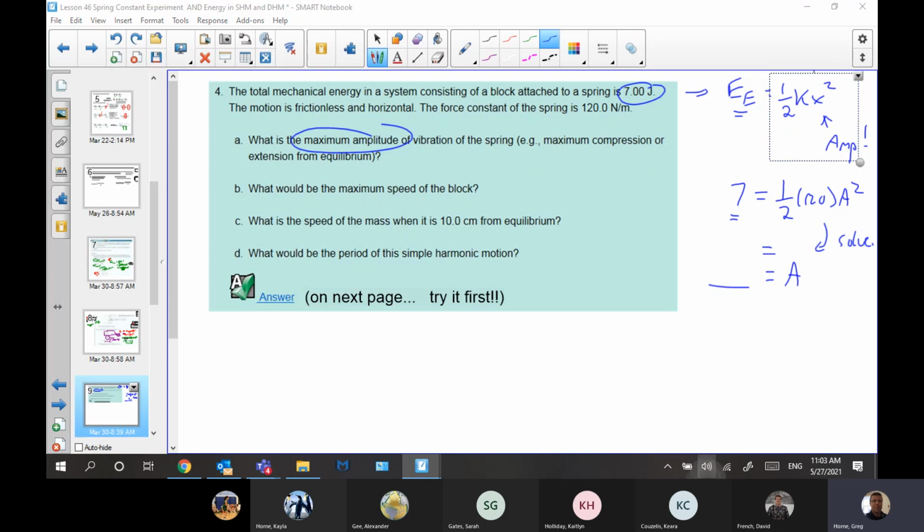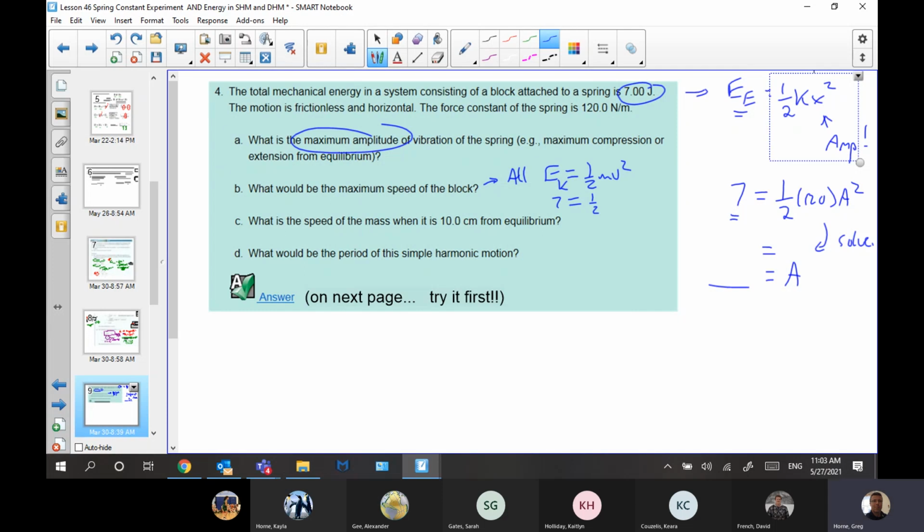Max speed, well, for this one, like we said in the previous one, it's all energy, right? All E equals EK, right? So that 7 joules equals 1/2 m v squared, but where's the mass of this thing? Total energy, block, the spring, frictionless.